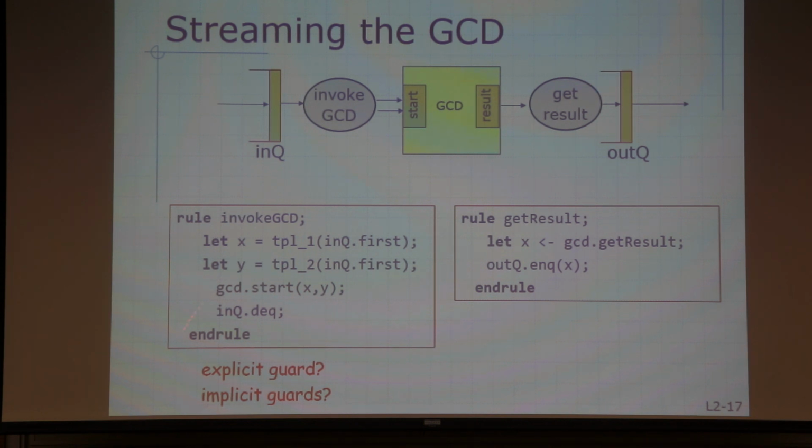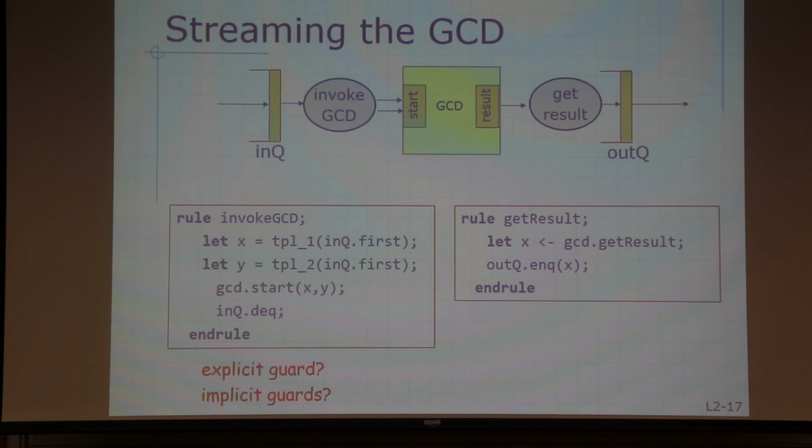Let's talk about this one. What are the implicit guards? That start better be ready, and input Q better not be empty. So you can now imagine how the guard for the rule is constructed. You're going to take all these implicit guards, conjoin them together, and that's how you will produce the guard.